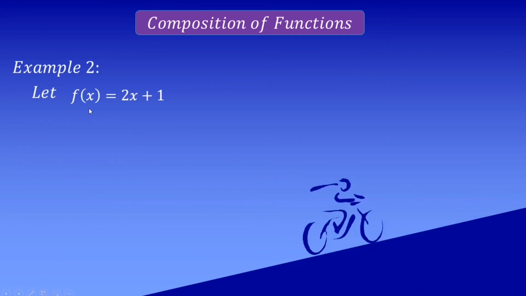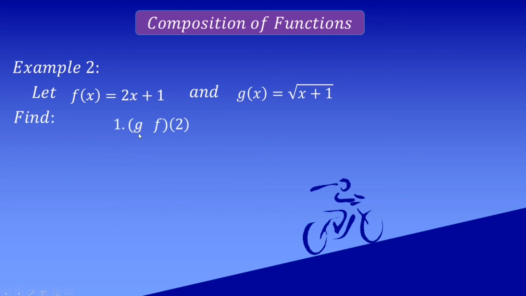For example number 2, we have other functions. f of x is equal to 2x plus 1, and g of x is equal to square root of x plus 1. So let's find the composition of g and f of 2. We have the value of x here, the domain, which is 2.